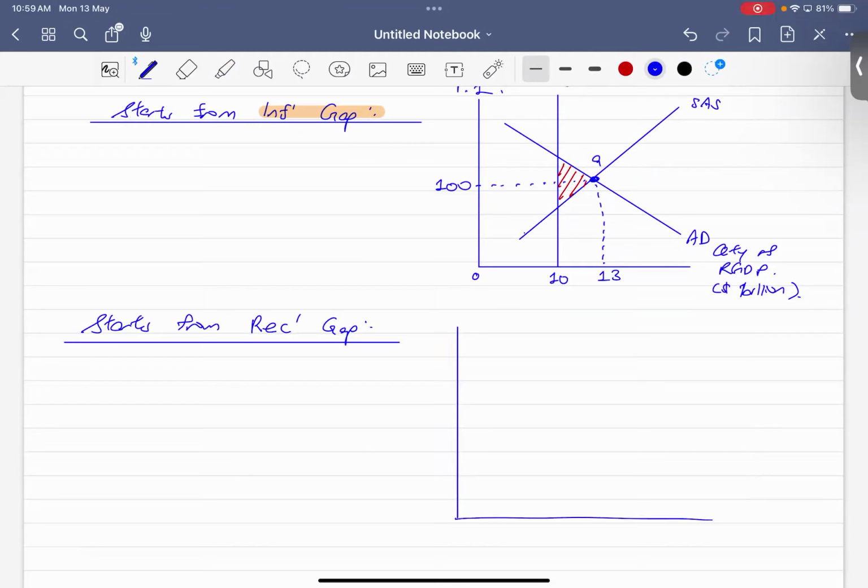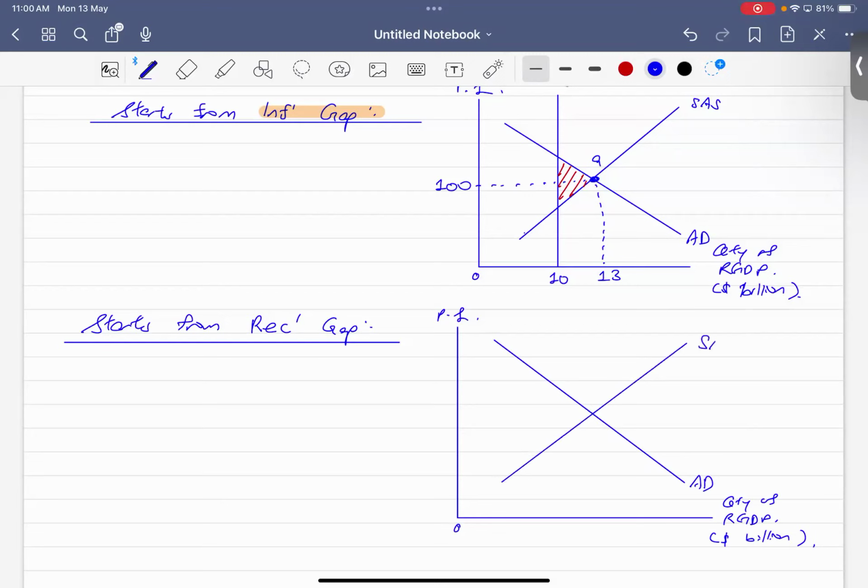Same thing: y-axis, x-axis, origin, price level. So I repeat, if you start from a wrong point, the whole thing is gone. Same for assignments. Quantity of real GDP. Now same thing, you have aggregate demand curve, SAS curve. So how does your recessionary gap look like?